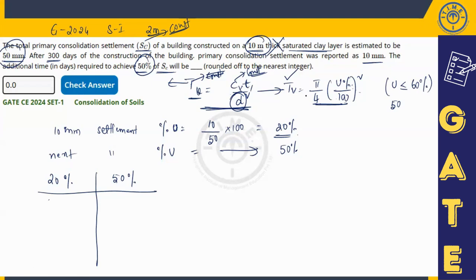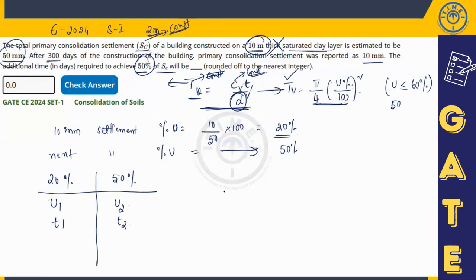So the changing parameters here are percent U: U1 for 20%, U2 for 50%. For 20% it is T1, for 50% it is T2.